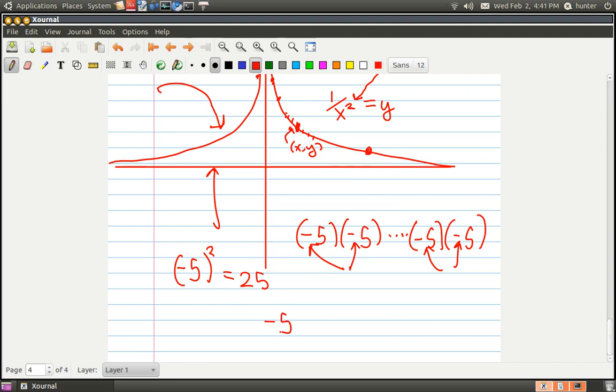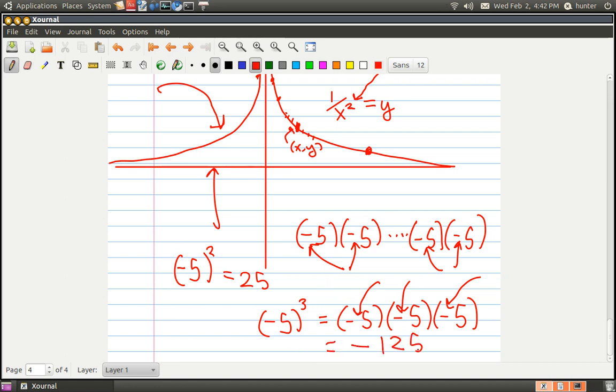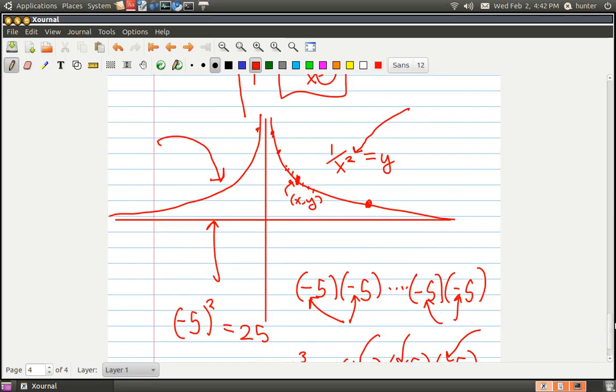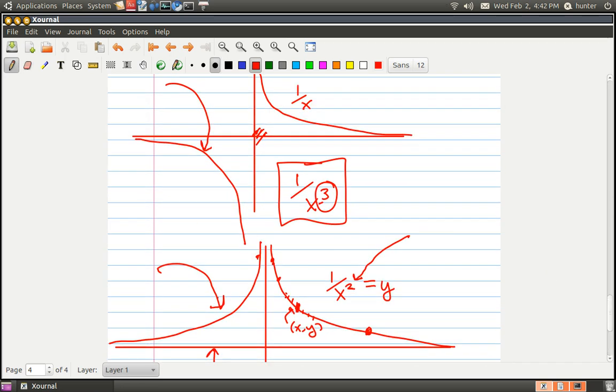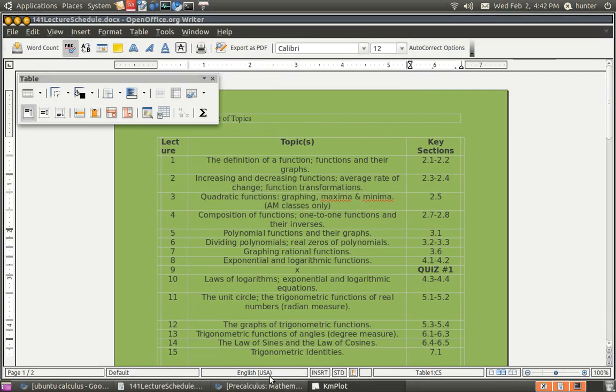If you try to make the argument about matching up the negative signs, if you raise negative 5 to an odd power like 3, or any negative to an odd power, you're going to have an uncancelled negative. So these two negative signs pair up and annihilate each other, but then there's this one left over, and so this is going to be negative 125. So for any odd power, this negative lobe goes down. For any even power, it goes up.